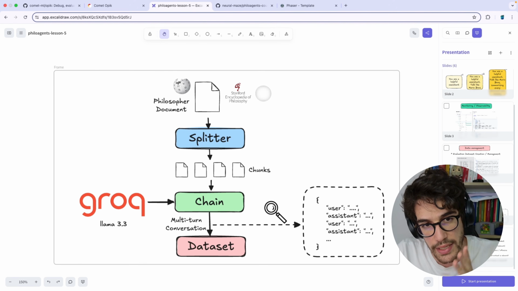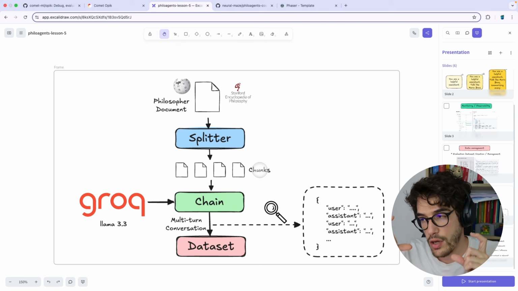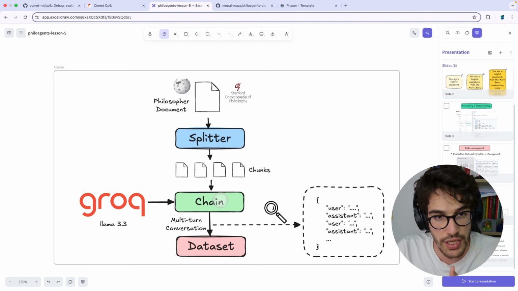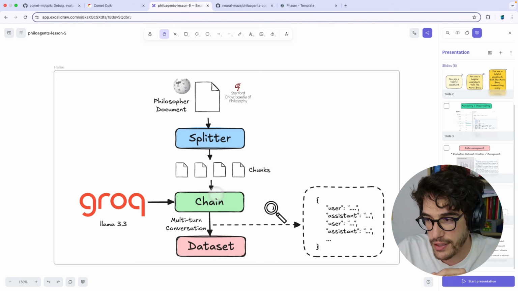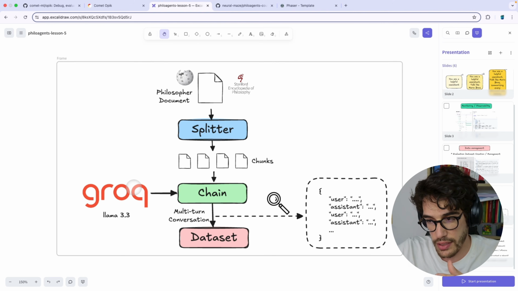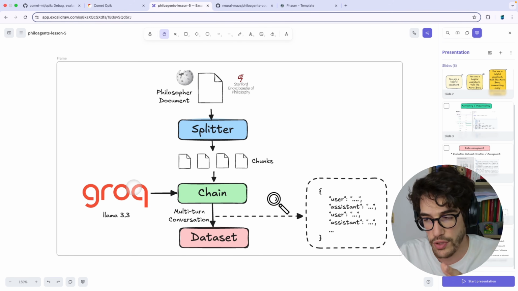We are going to apply a recursive splitter to split the different documents into multiple chunks. We are going to take a subset of these chunks and pass them through a LangChain chain that I'm going to show you later in the code, which is going to use Groq. The big LLM, Groq Llama 3.3 70 billion parameters, is the model that we are going to use.